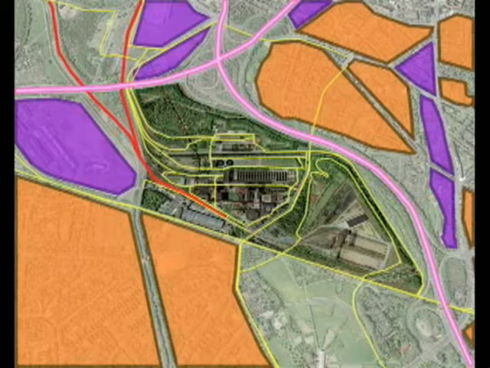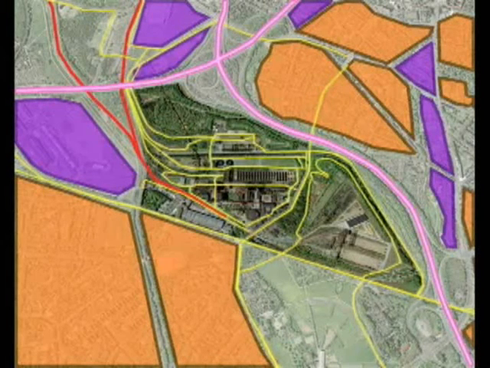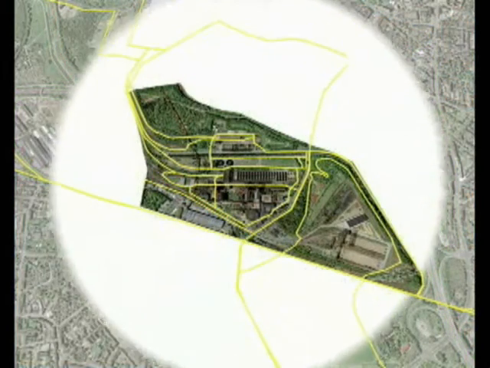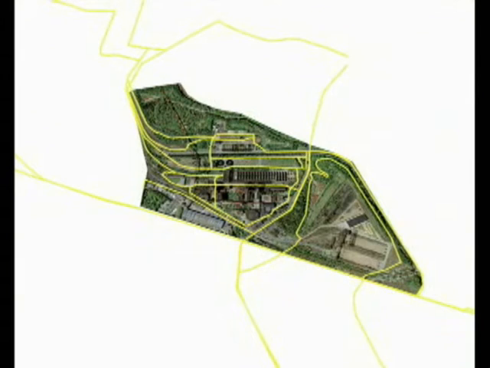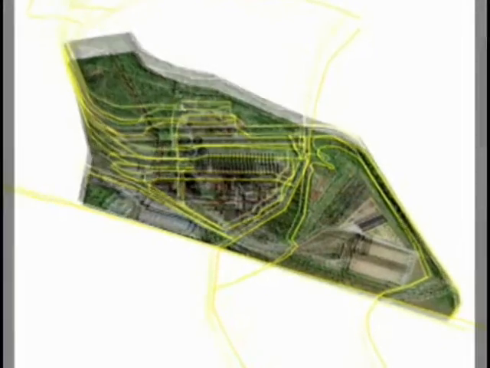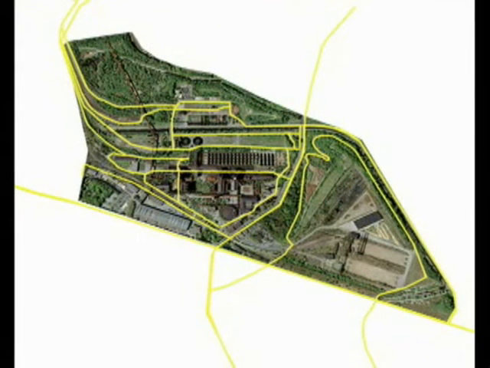Starting with paths, connective corridors span into surrounding areas and neighboring cities. Taking a closer look, these paths provide circulation needed for the complex site.